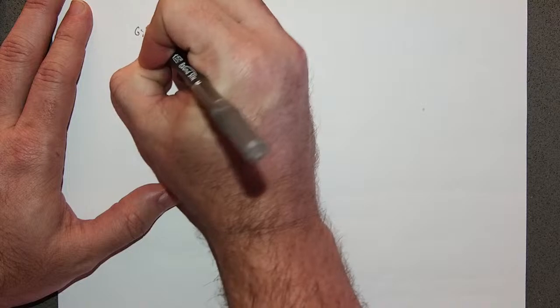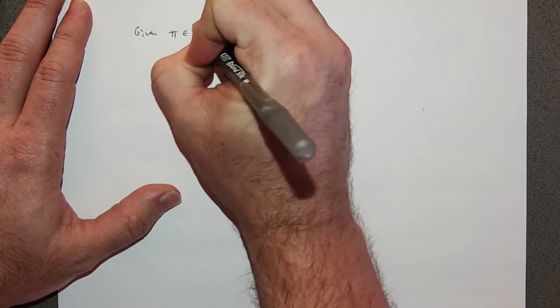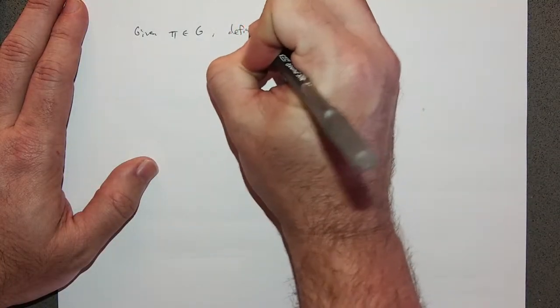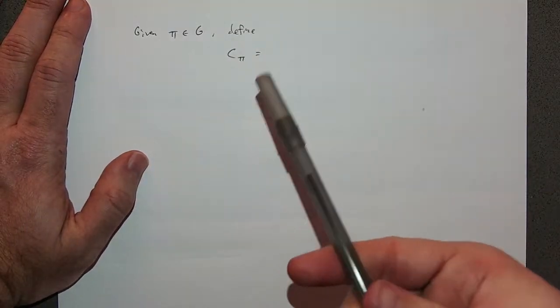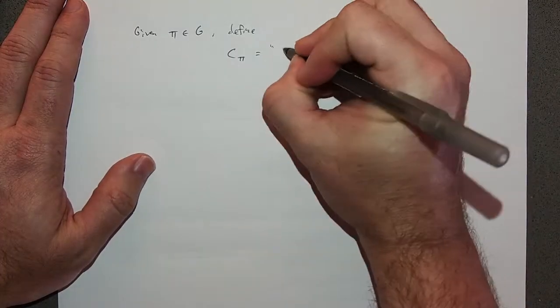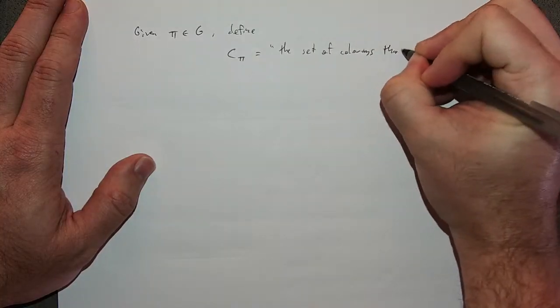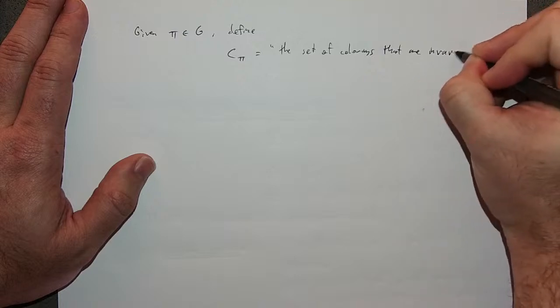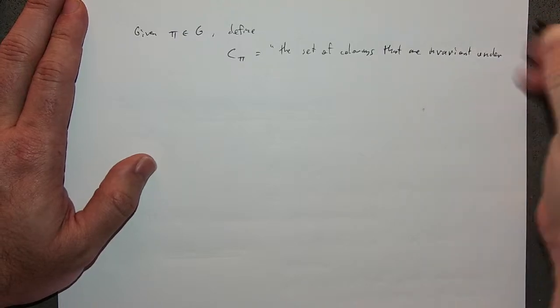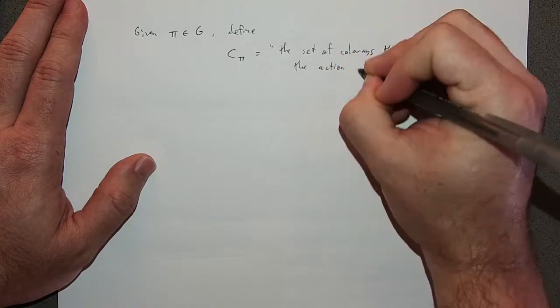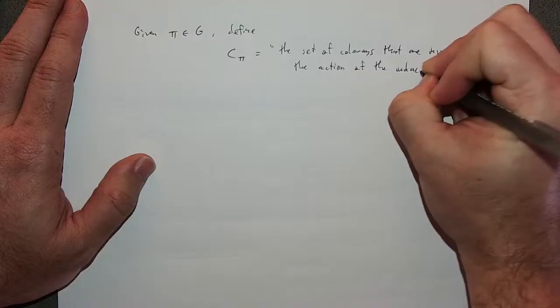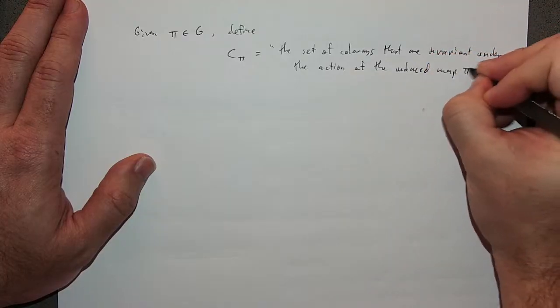So one, given a permutation pi in your symmetry group, define C sub pi to be the set of colorings that are invariant under the action by the induced map pi star.